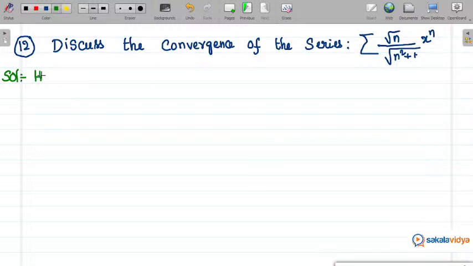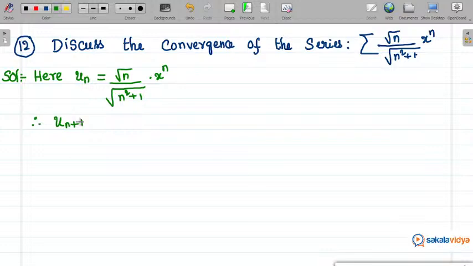Here un equals the nth term, un equals root n divided by root over n square plus 1 into x to the power of n. Now let us find out un plus 1.